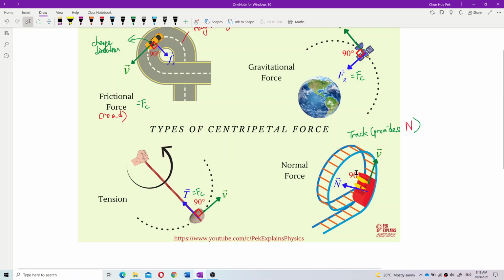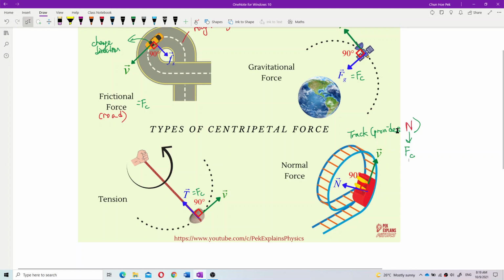Without this track, how is it possible for the roller coaster to move in a loop by itself? Not possible, isn't it? You must have a roller coaster track to provide what we call the normal force, because this normal force is very necessary for the centripetal force.